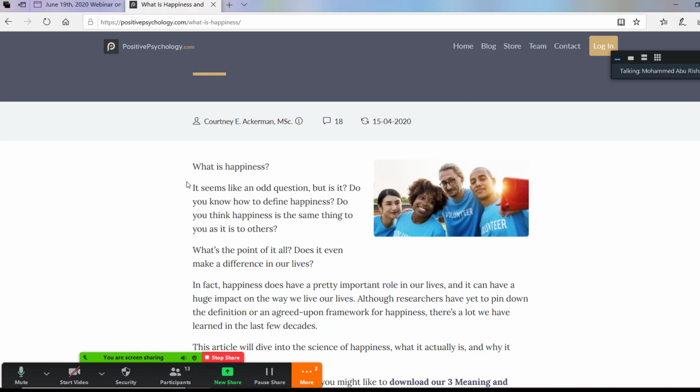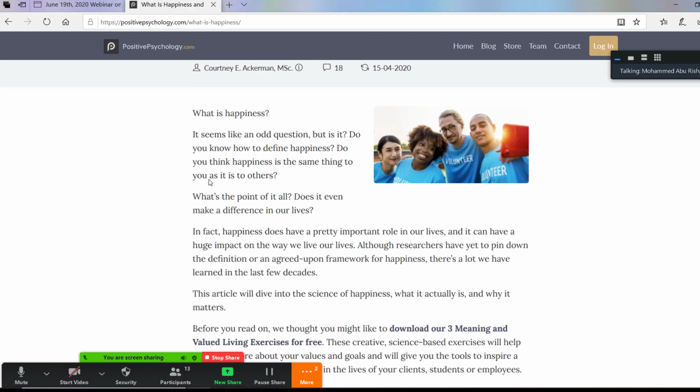Do not look for encyclopedic topics. Do not look for something which is sophisticated or too academic. What we're looking for is something that's very easy to understand and very appealing. This is what we want in professional translation. We want to write in a way that is very appealing to the reader. And this is just an article about happiness.